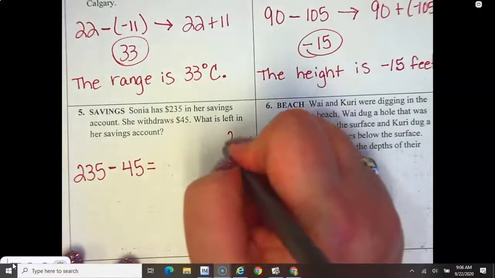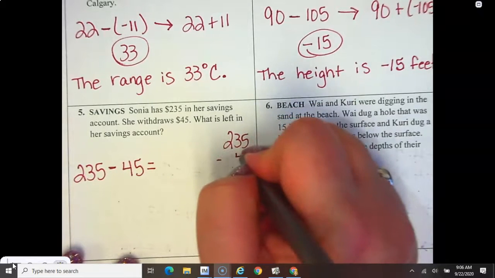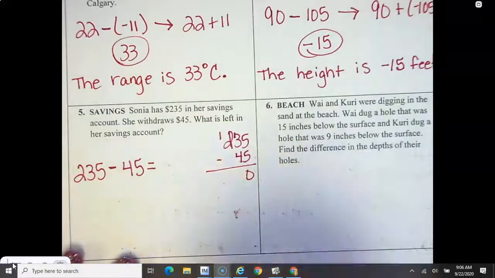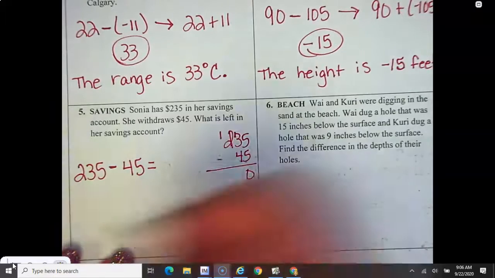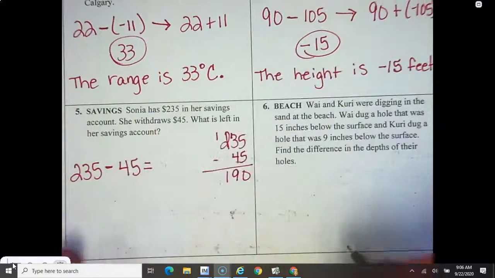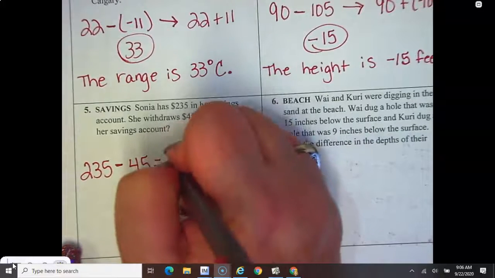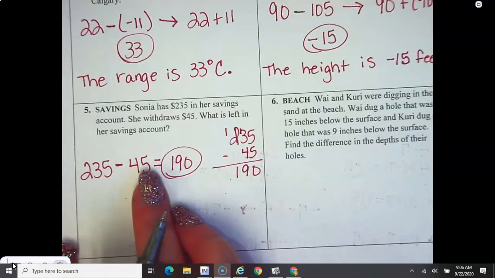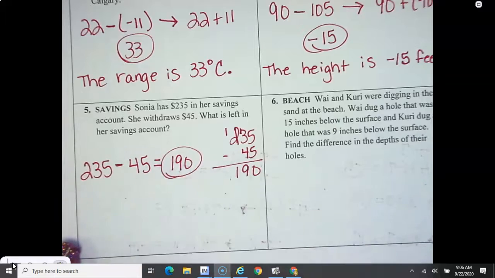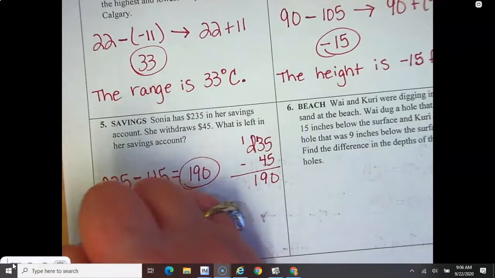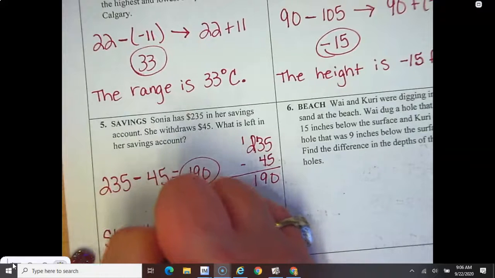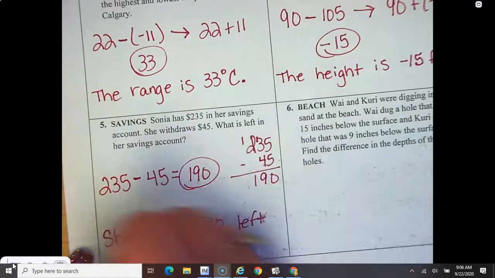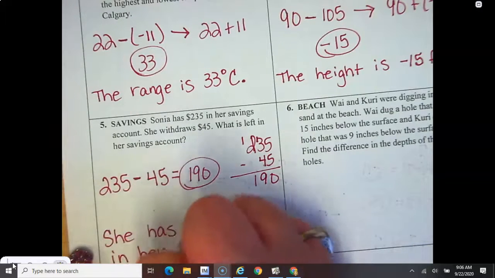So I might have to line it up like your standard algorithm there. 0, 1, borrow, 13 minus 4 is... 190. Is that a positive or a negative? Well, if she had 235 and she only took out 45, that's still a positive number, right? She has $190 left in her account.